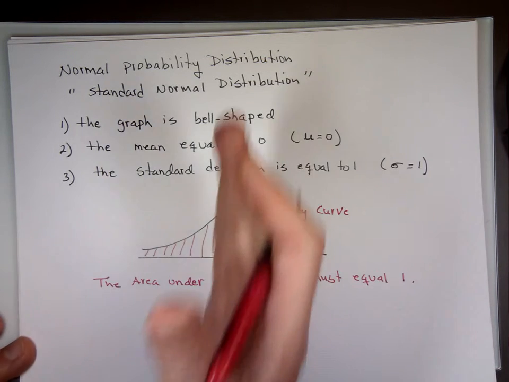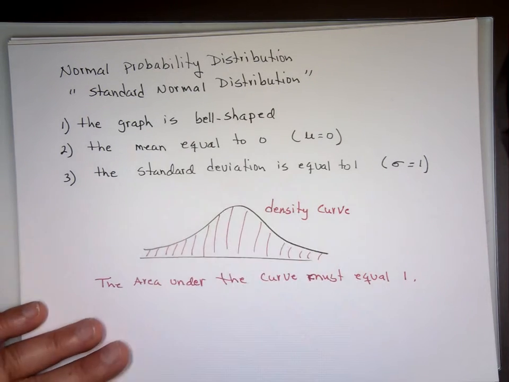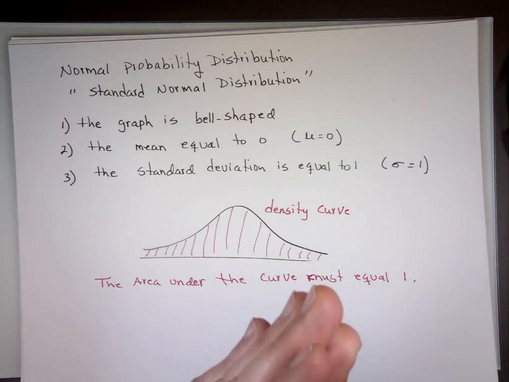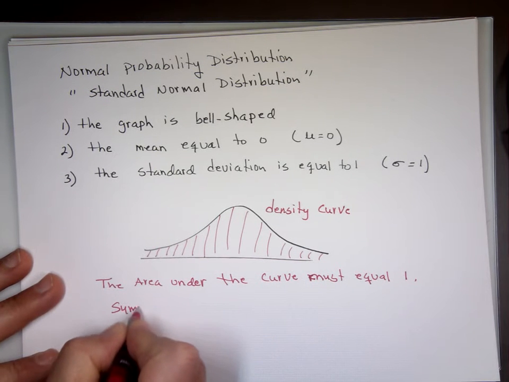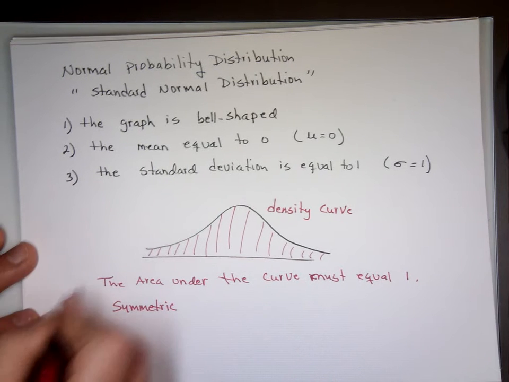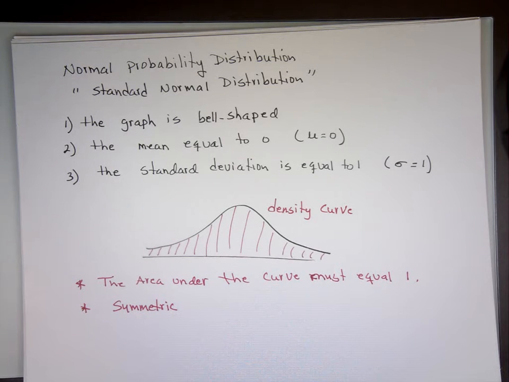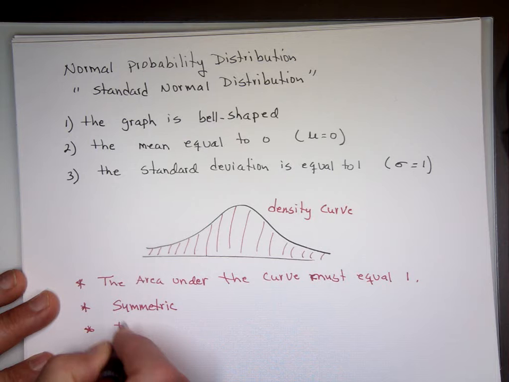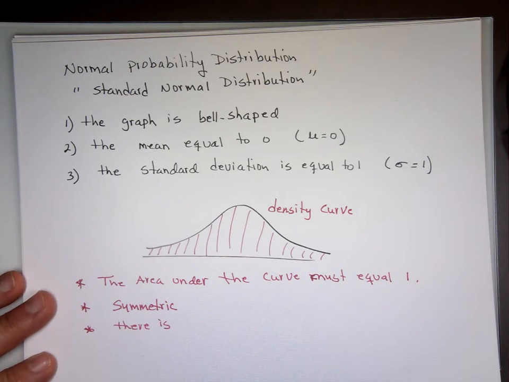If you take a knife and slice this in half, and you fold them, what should you notice about the two halves? Symmetric. It should be symmetric. And again, as I said, I don't care how you slice it, there is a correspondence between the area and the probability.